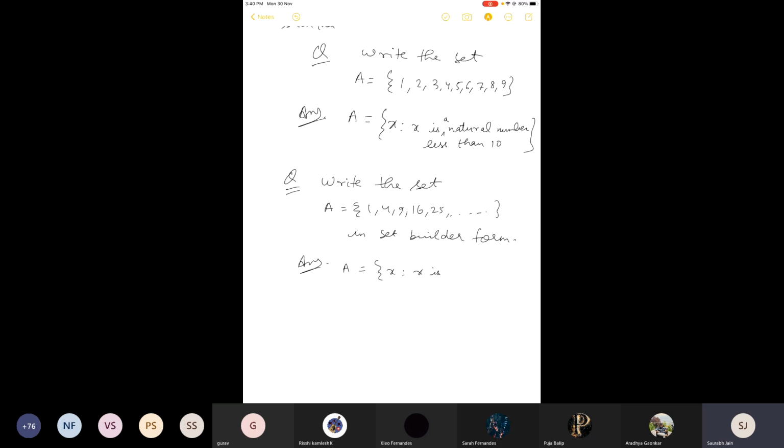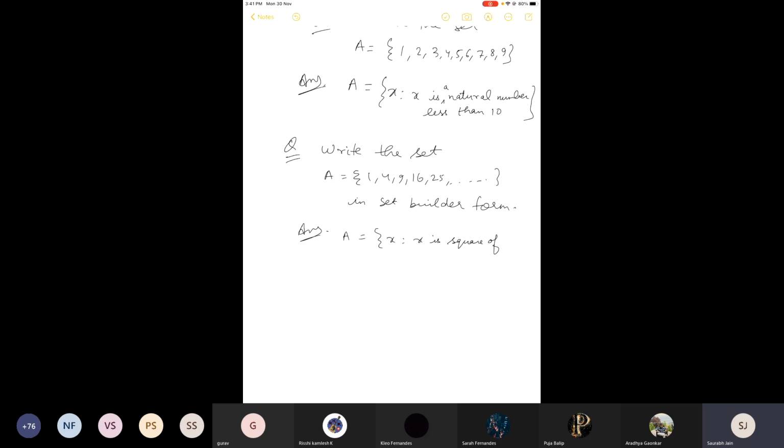First element is 1, which is 1 square. Second element is 4, which is 2 square. Third element is 9, which is 3 square. Then 4 square, 5 square, and so on. So if I have to give a common property to all of them, then we can understand very clearly that they all are squares of natural numbers.